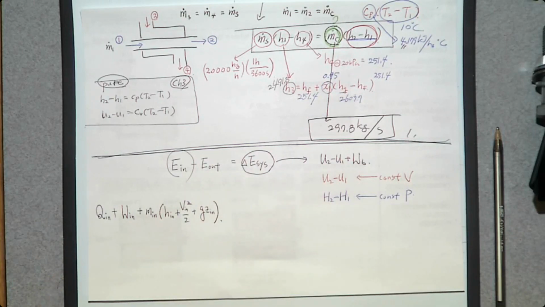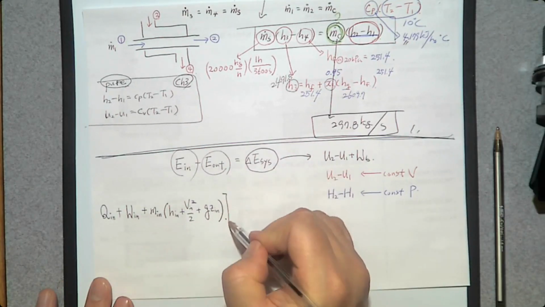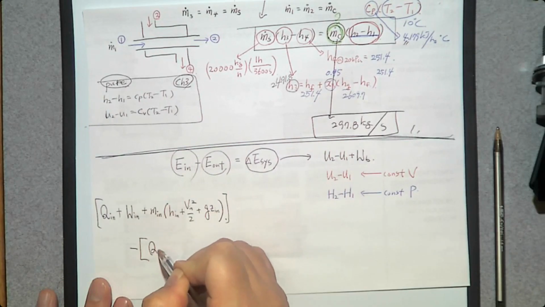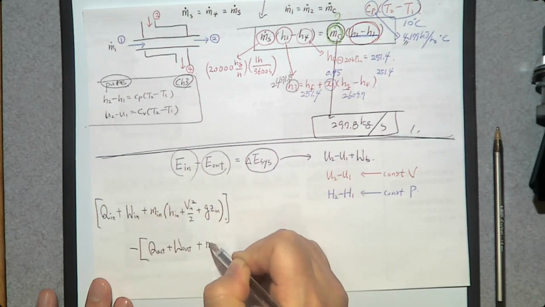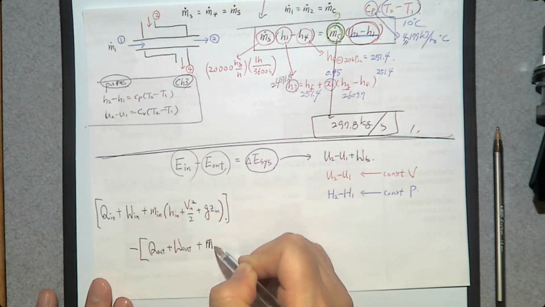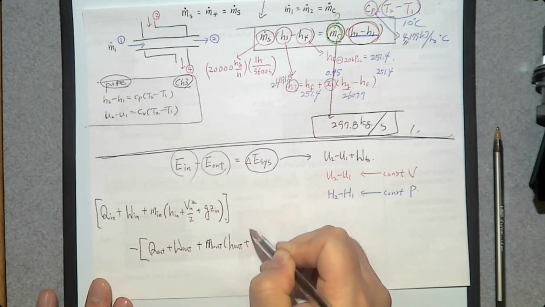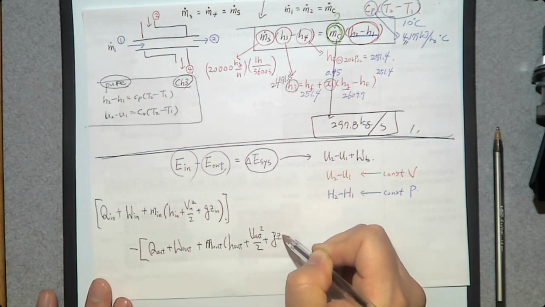So these are energy transfer into a control volume. What about energy transfer out of the control volume? The same thing. Minus Q out plus W out plus mass at the exit. This one has enthalpy, kinetic energy, and potential energy.